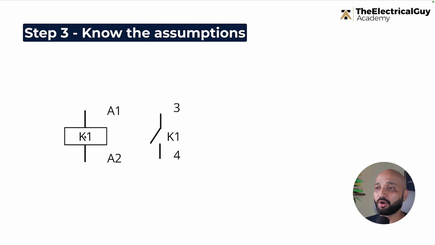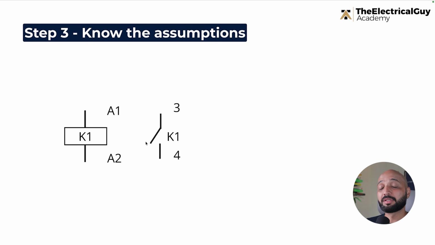And the moment this contactor is energized, this contact will close and the position will change, right? So this is something very important and you need to understand this. The same thing can happen for the opposite contact, where the contact is normally closed, and that's the default condition of the contact. If the contactor is energized, the contact will open, right? That becomes the open position.